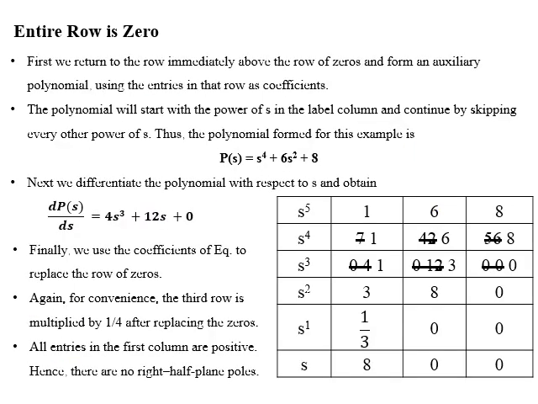Dear students, now to overcome this row of 0, we will form an auxiliary polynomial. The coefficients of this auxiliary polynomial will be the entries of row which is above the row of 0. This auxiliary polynomial will start with the power of s labeled and continue by skipping every other power of s.